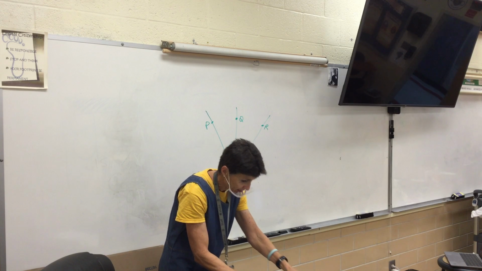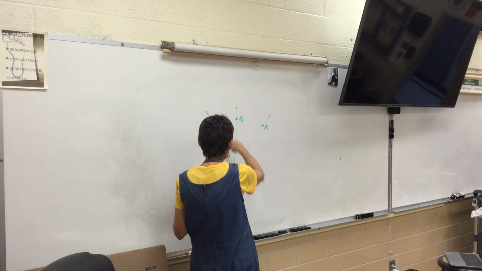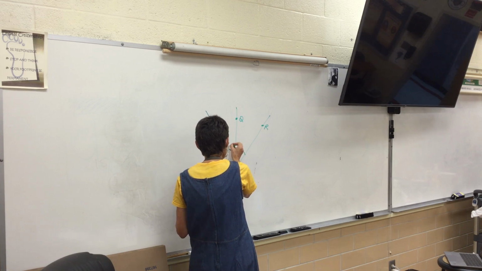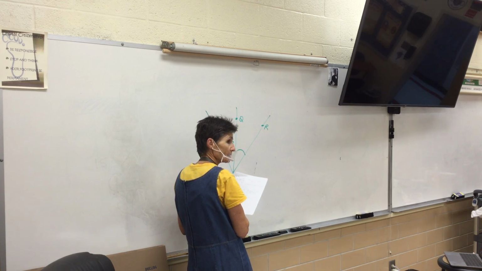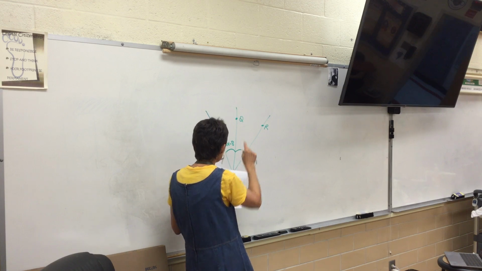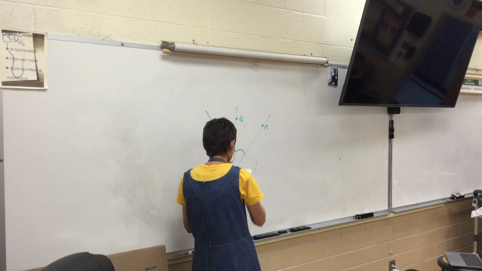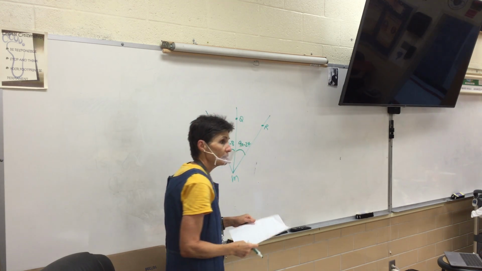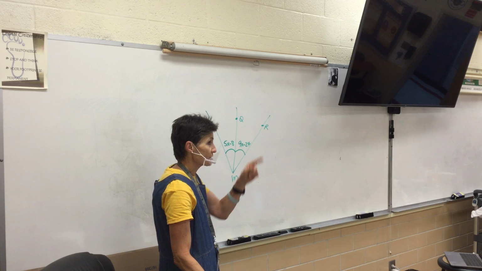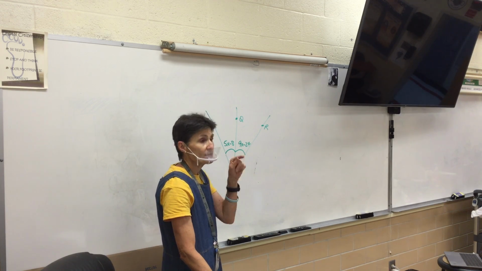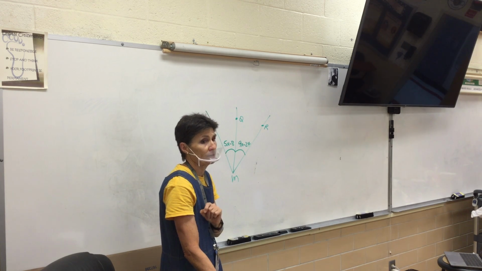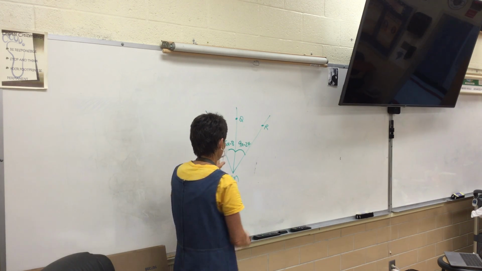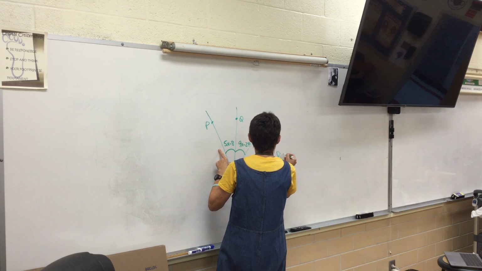So let's see what else they tell me. They tell me that PMQ, that's this one, is 5x minus 8. And they tell me that QMR is 9x minus 24. Anytime you're finding x, you're writing an equation. Carson just gave us the equation. What's the equation? 5x minus 8 equals 9x minus 24.